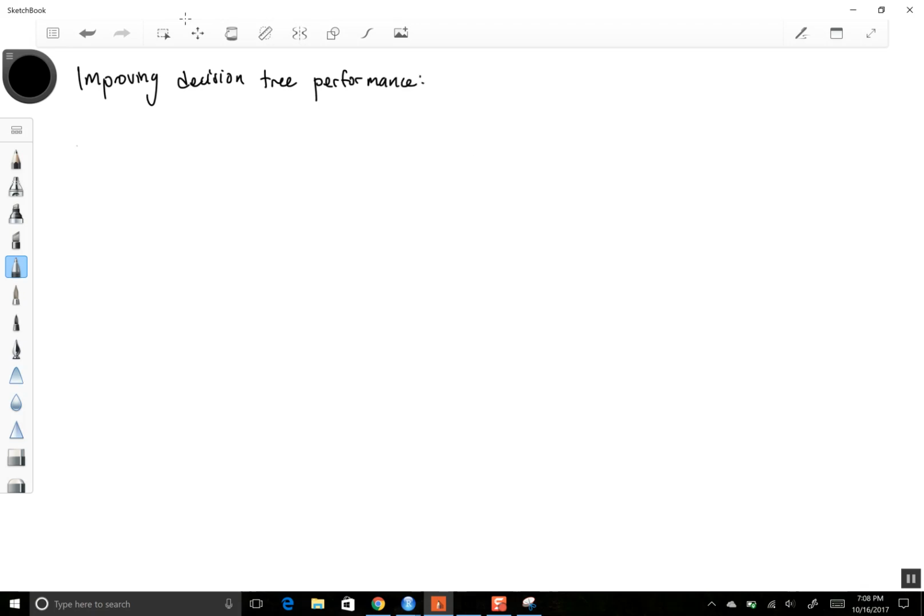So the first one is basically bootstrap, but we call it bagging. And this is bootstrap applied to trees.